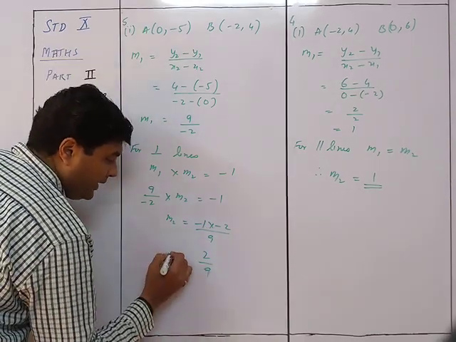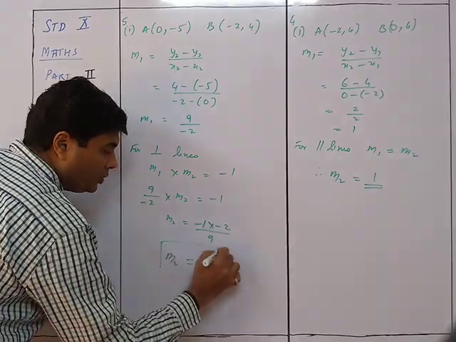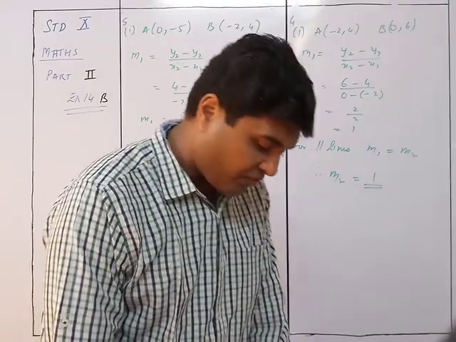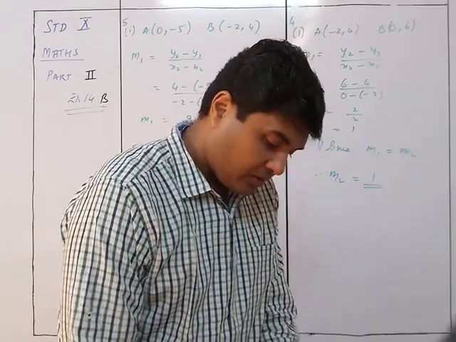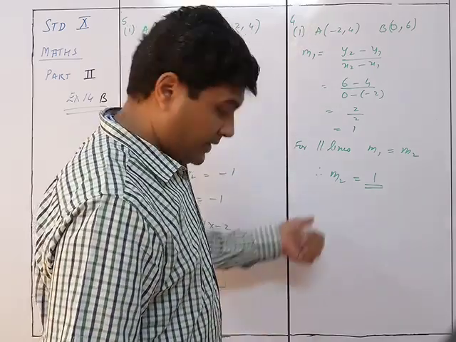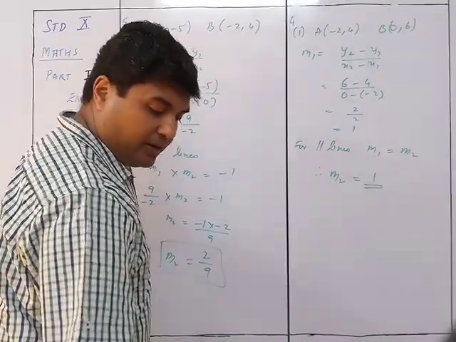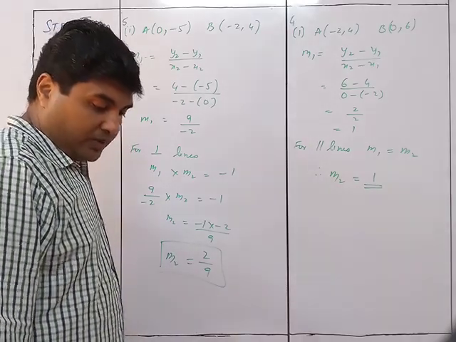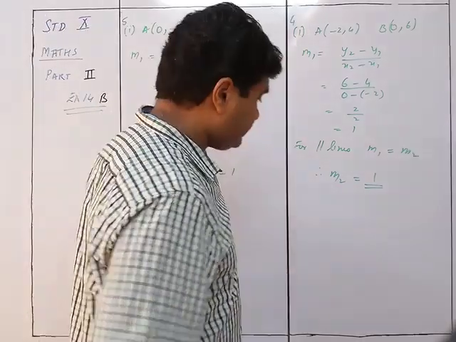So that gives me m2 is equal to 2 upon 9 as the required answer for question number 5 first. Right? So question number 5, 1 is 2 upon 9. Okay, we move on now to sum number 6.